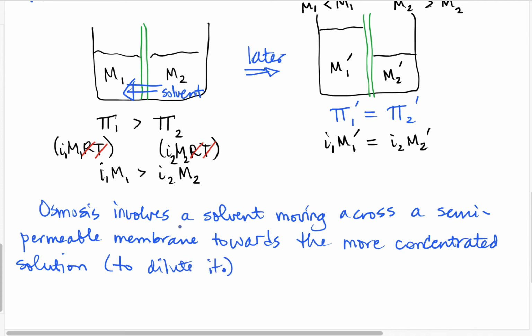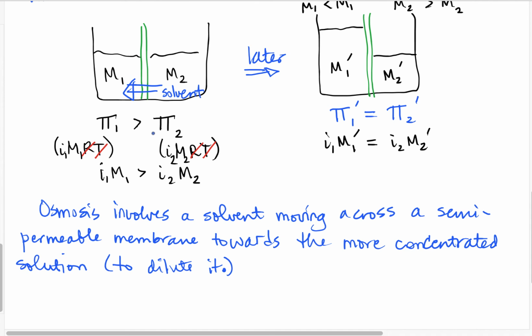And the osmotic pressure is that pressure of the solvent against the semi-permeable membrane, preventing its solvent from moving across the membrane.